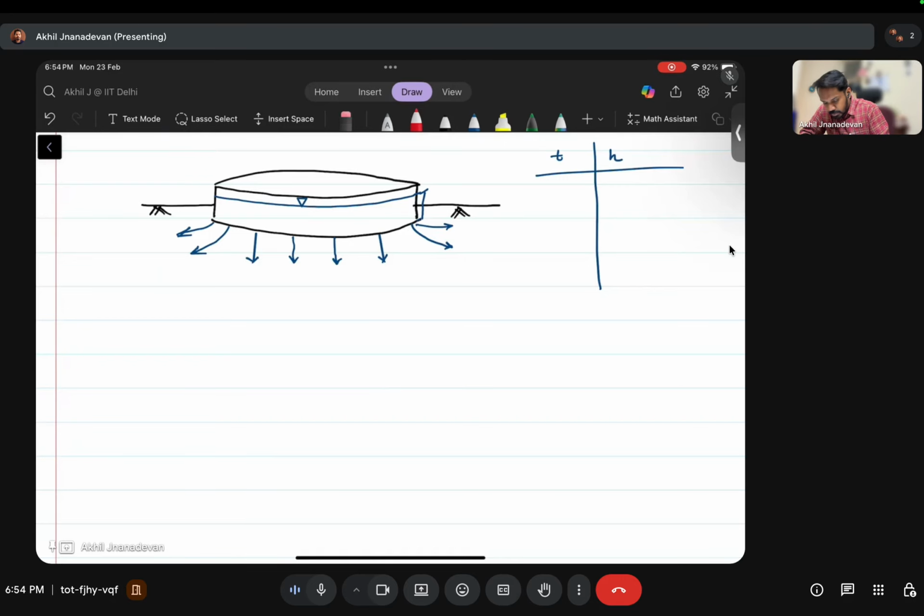It is similar to this. The only difference is that instead of a single ring, here it will have two rings.